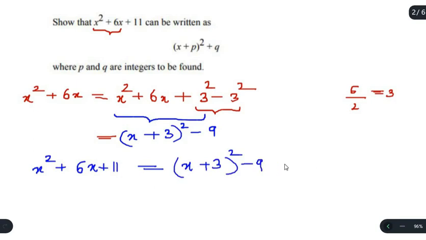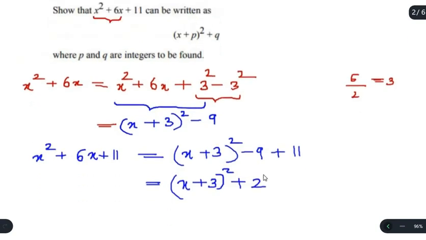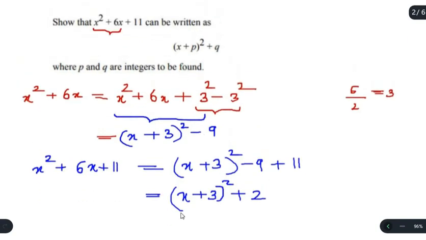Now add the plus 11. So we get (x plus 3) the whole term squared minus 9 plus 11, which gives you plus 2. So now we have got it in the form (x plus p) the whole term squared plus q.